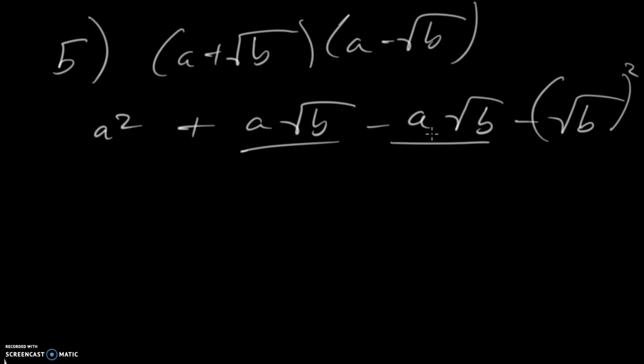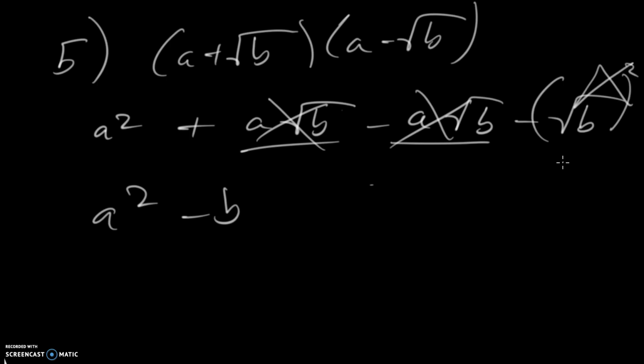So yeah, this is what we get. These two cancel out because this is plus a root b and this is minus a root b, to give us our final answer of a squared minus b. Because here we've got root b squared, these cancel out to just leave us with b. So a squared minus b.